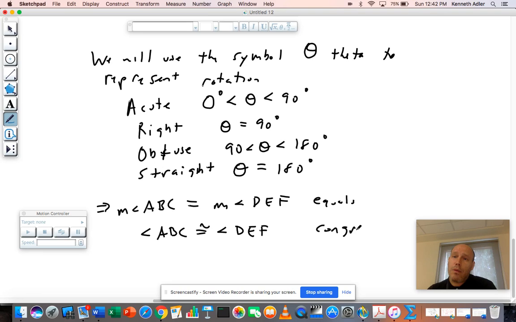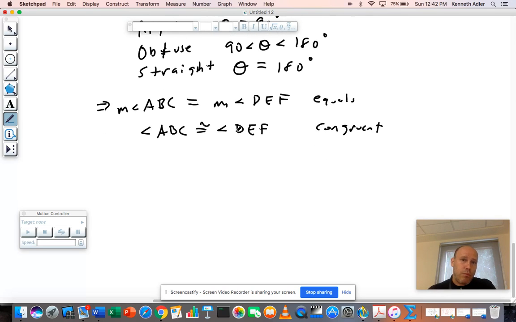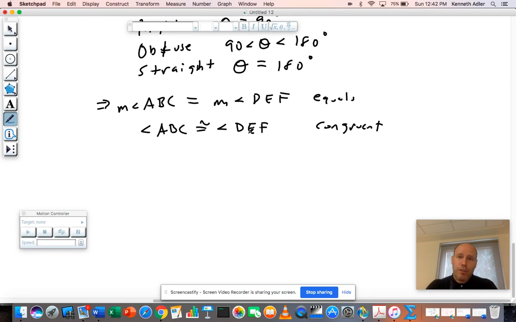The measurement is a number, and a number is equal to a number, but an angle is a thing, and things are congruent to other things. Okay. And then the last, stop sharing.